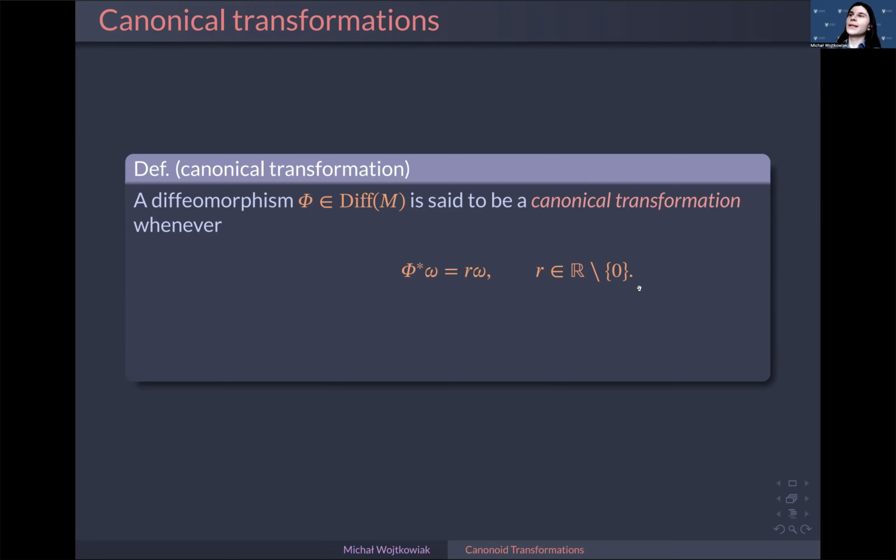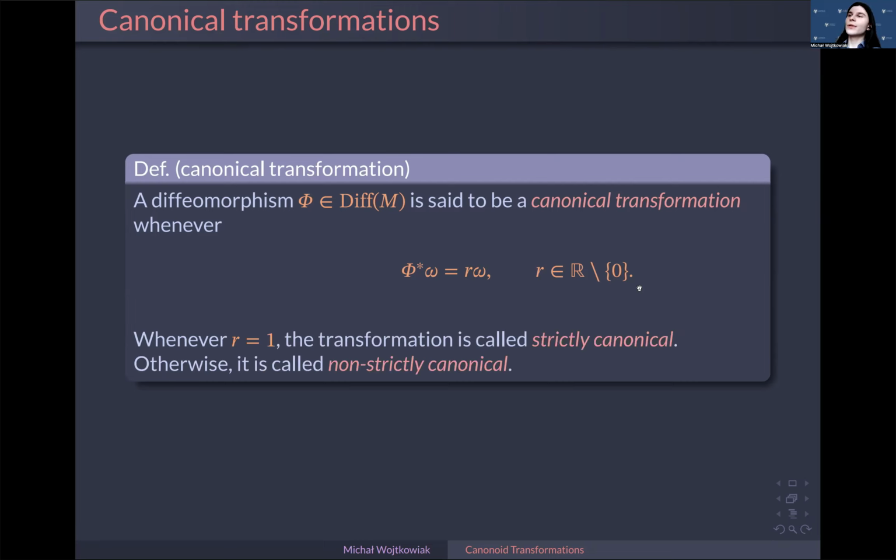We say that the transformation is strictly canonical when the scalar is unity, and otherwise we call it non-strictly canonical. This is important because when we go to contact geometry, this condition will change slightly, but the rest will remain somewhat similar.